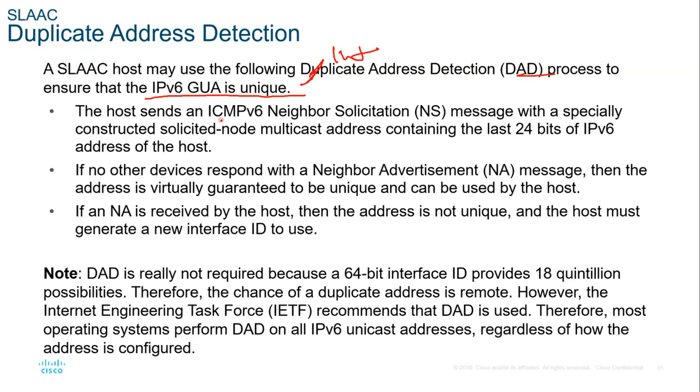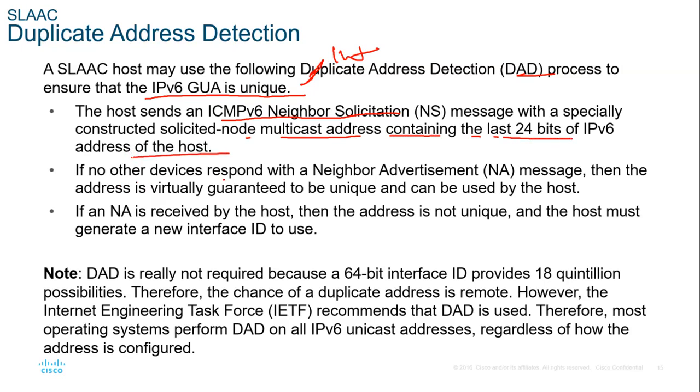So the host sends the ICMP neighbor solicitation. The host sends the neighbor solicitation message with a specially constructed solicited-node multicast address containing the last 24 bits of the IPv6 address of the host.